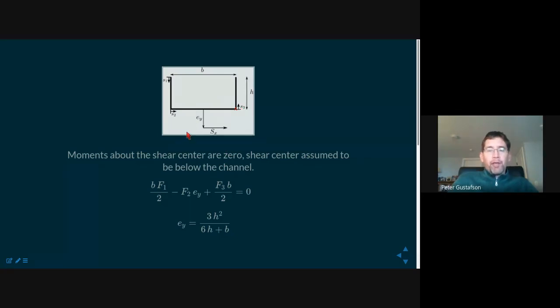So in the calculation that concluded the last lecture, I assumed that this resultant shear load was below this cross-section and that it was to the right. By doing that calculation, and then ultimately summing the moments and setting them equal to the resultant moment, it's important to say the resultant about what point.